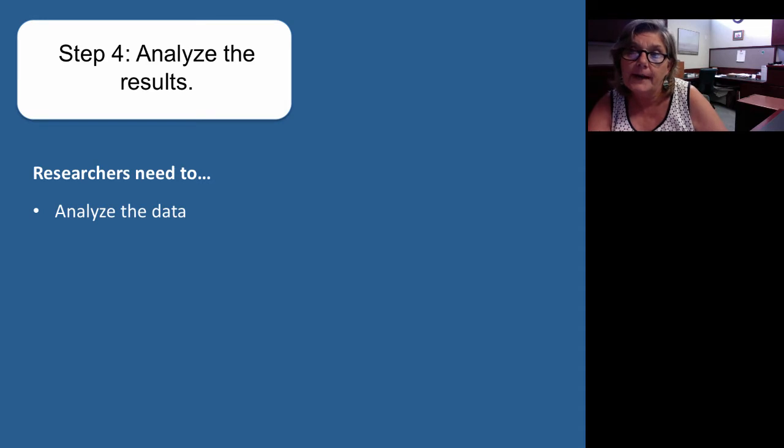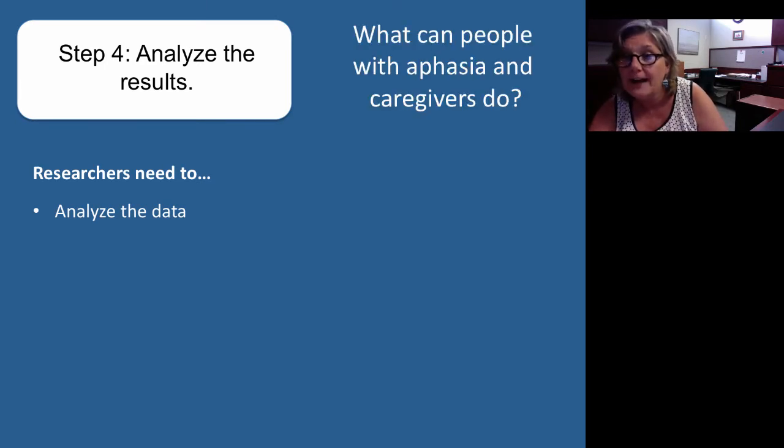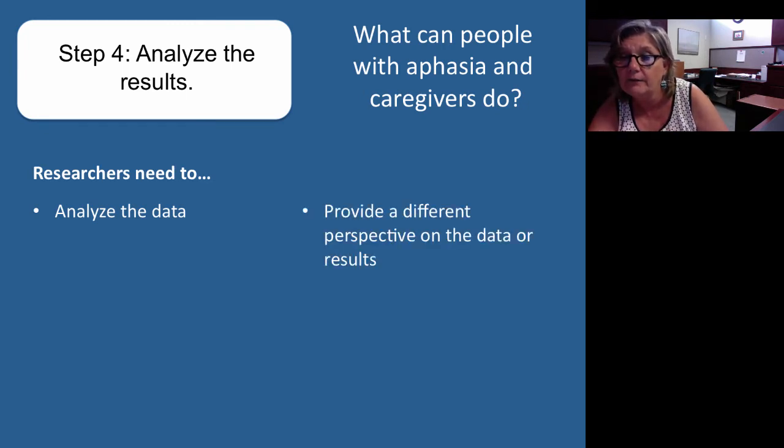The fourth step in the research project is when the experiment is done and we have to analyze the data. Now, usually this entails doing statistics and other kinds of analyses, and you might say, I don't know how I can help with that. But there still are things that you can do as a person with aphasia and a caregiver.